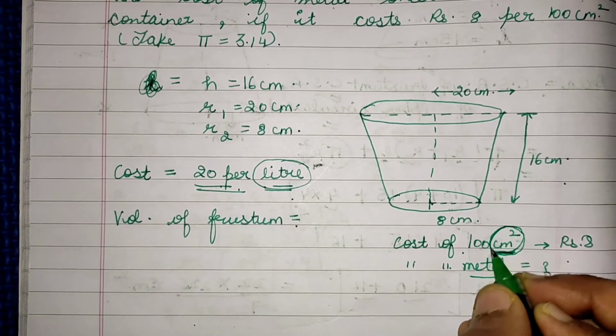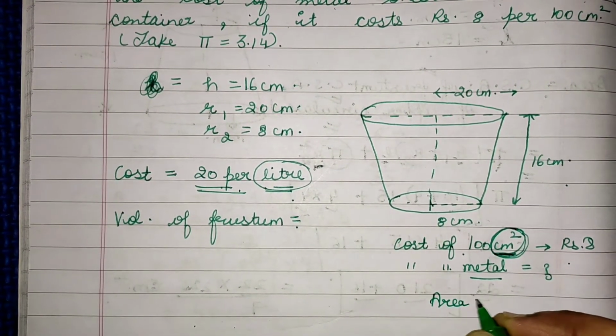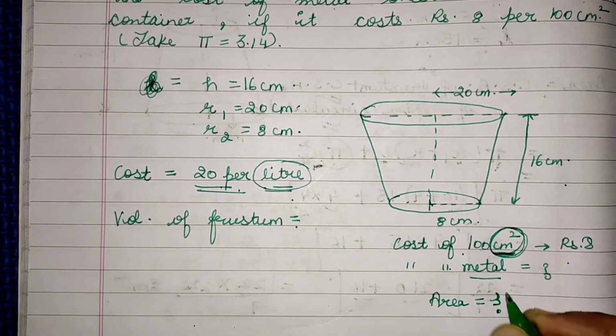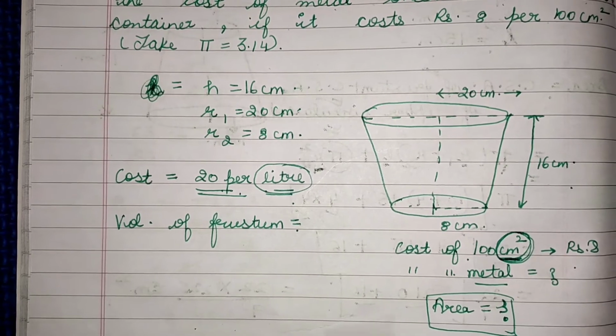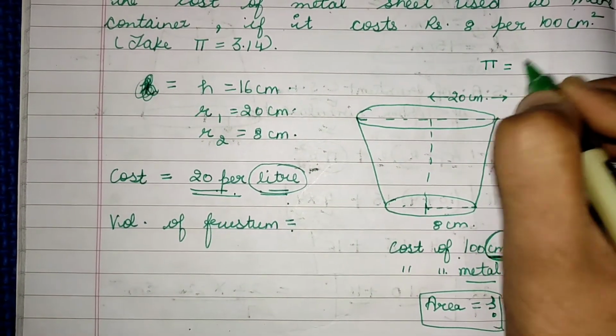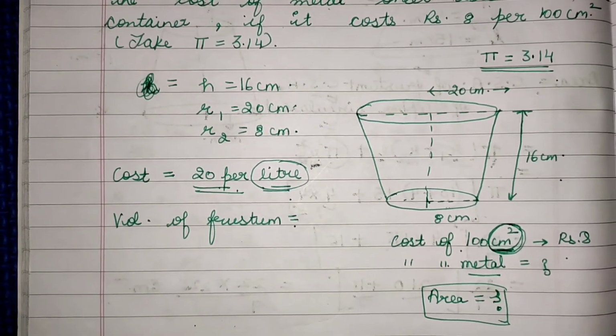You can see from the unit that this is a unit of area. So if we find the area of the frustum, then we can easily find the cost. And we have to consider that pi is equal to 3.14.